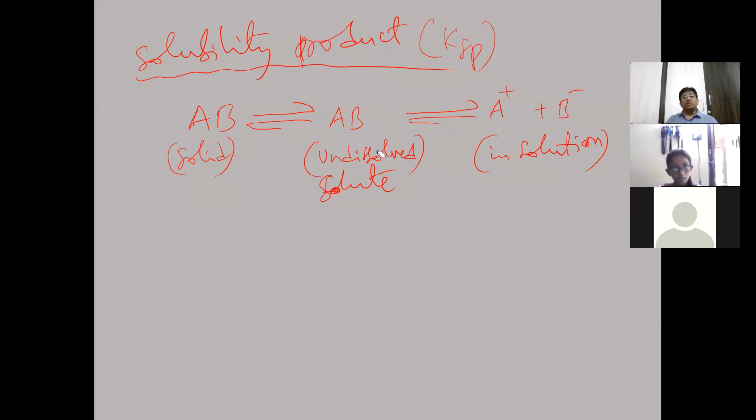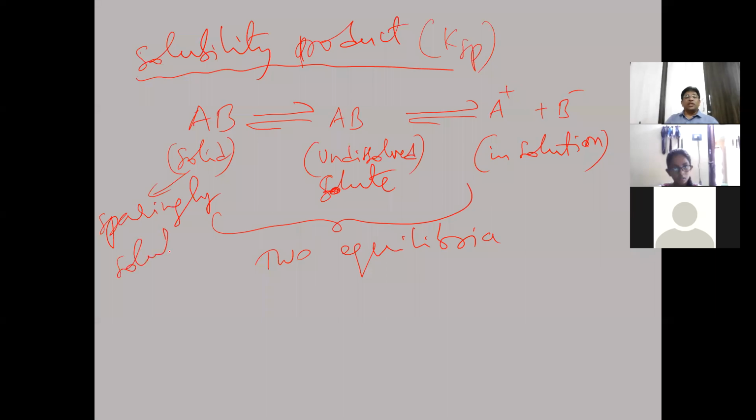So there are 2 equilibria in total. Equilibrium is singular, equilibria is plural. This AB solid is a sparingly soluble solute. Sparingly soluble means not completely soluble.